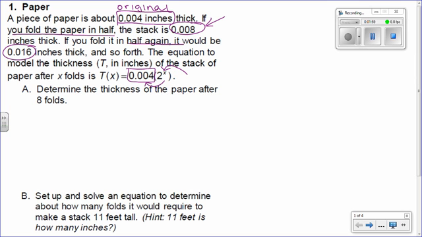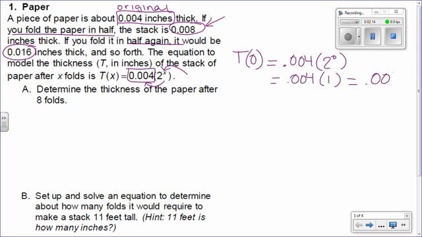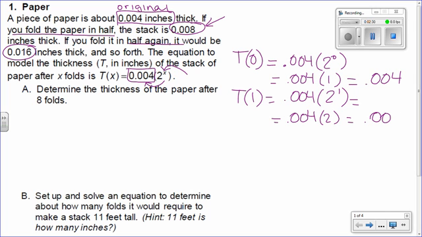So if you don't fold it at all, it's like you're finding the thickness when the paper is not folded. So it will just be 0.004 times 2 to the power 0. We know that 2 to the power 0 is just equal to 1, so it makes sense that we get the original thickness, right? And if we fold it one time, we will get 0.004 times 2 to the power 1, and that's how we get 0.008.